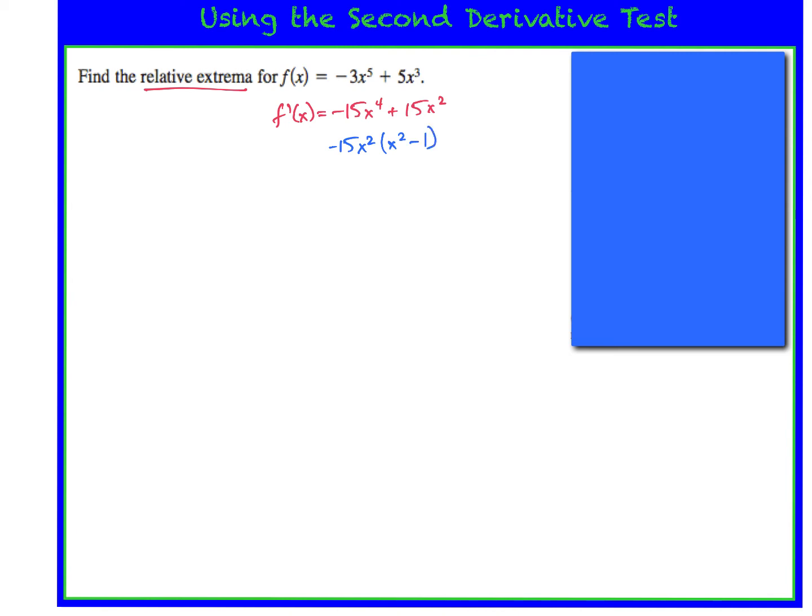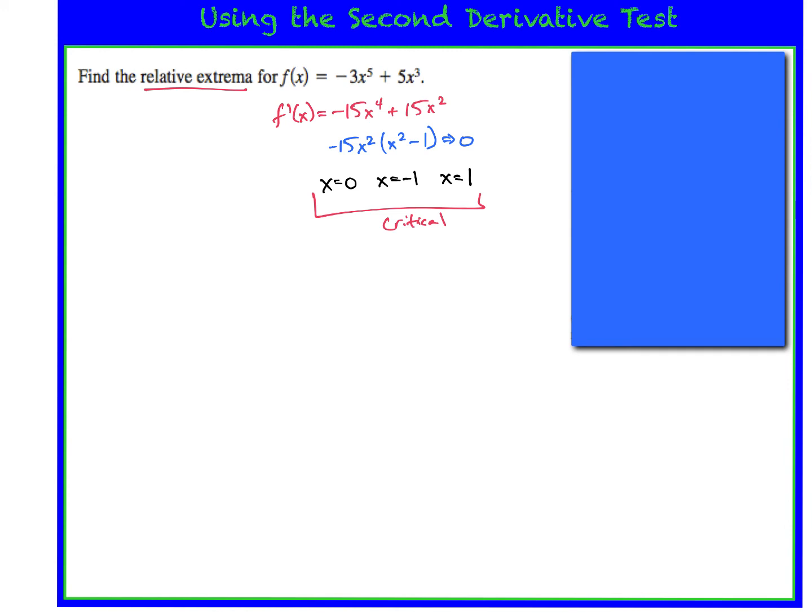So when I set that equal to 0, I get x is equal to 0, x is equal to -1, and x is equal to 1. Those are my critical numbers, and that's where a relative min or max might occur.